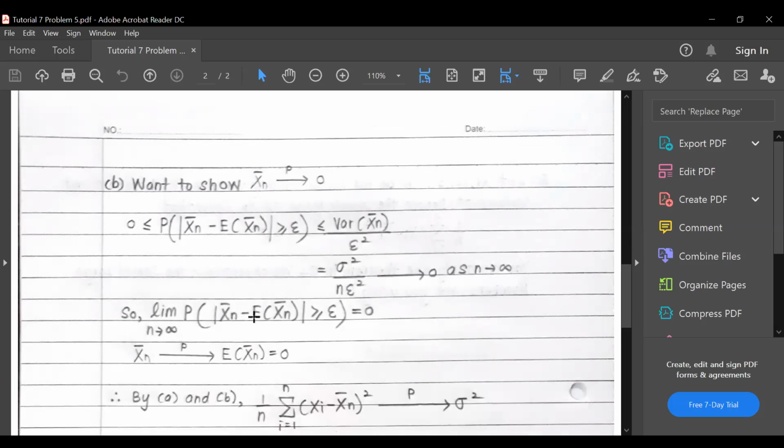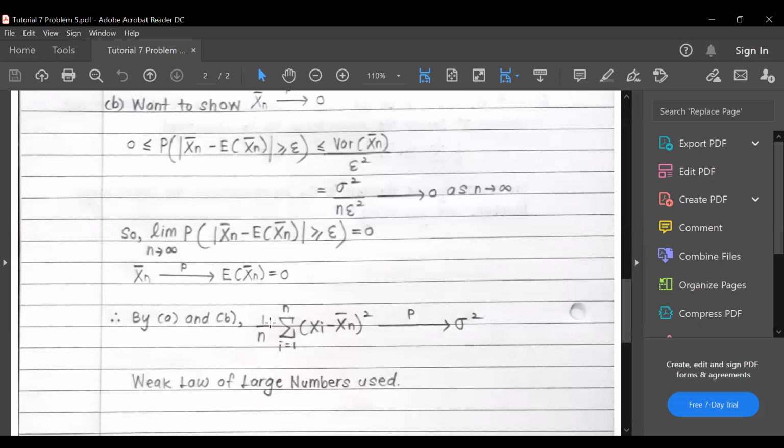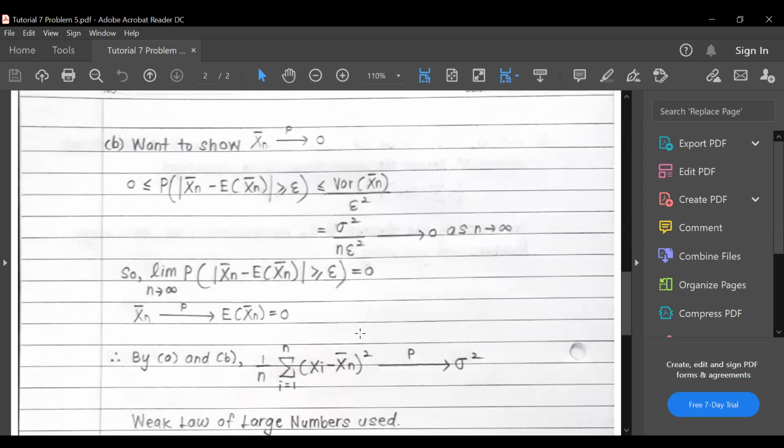So Xn bar converges in probability to the expected value of Xn bar, which equals 0. So by A and B, 1 over n summation of (Xi minus Xn bar) square converges in probability to sigma square. So this is basically the weak law of large numbers. I'm not sure if my argument is right, but yeah.